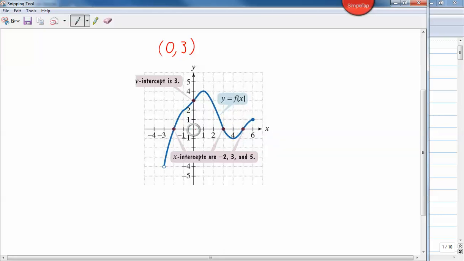What is y equal to when we have an x-intercept? Every time? 0. Alright, so the way that you would write these 3 x-intercepts, that's going to be -2, 0, 3, 0, and 5, 0. Alright, so that's how we write x-intercepts.